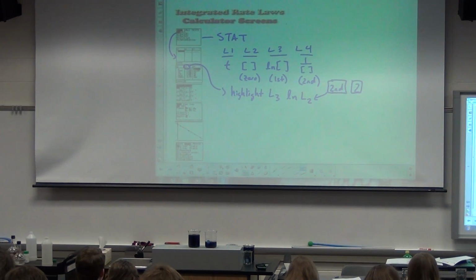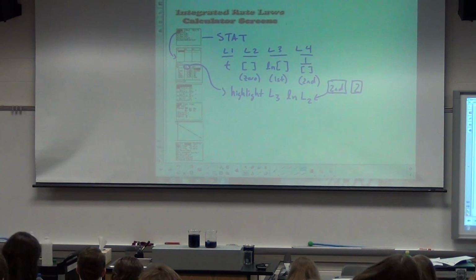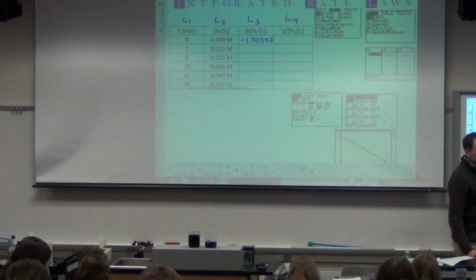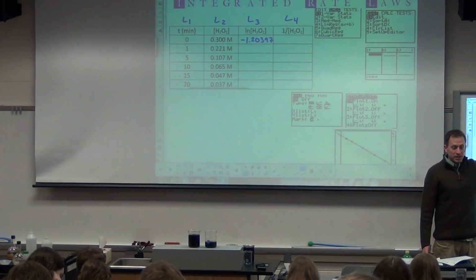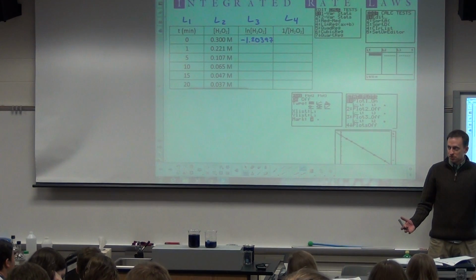If you hit LN, and then second, and then the number 2 button, hit enter, it should all fill in that column. And the first one I see is negative 1.204. If you did it right, it should say negative 1.204.